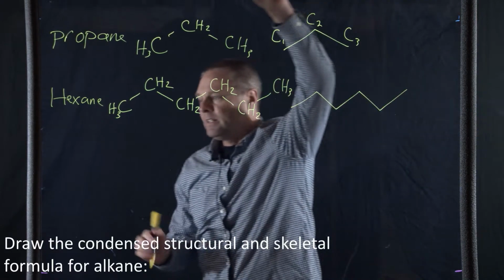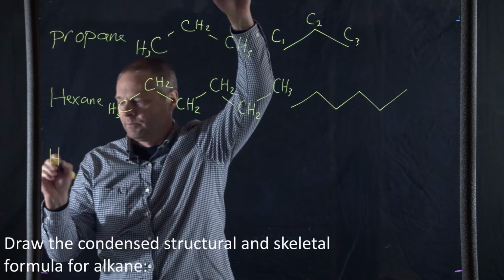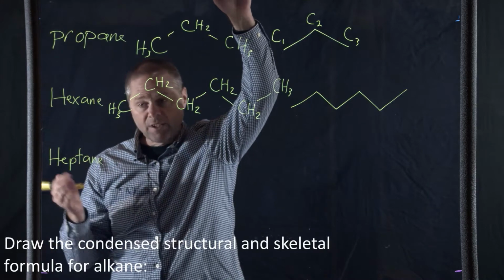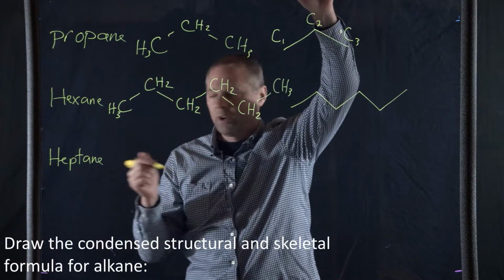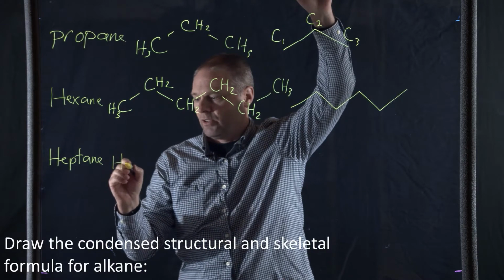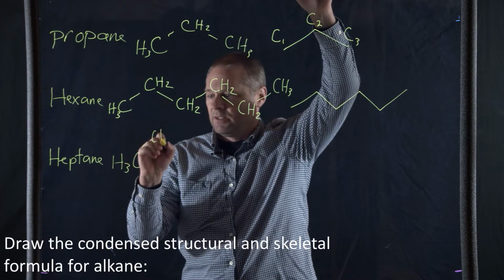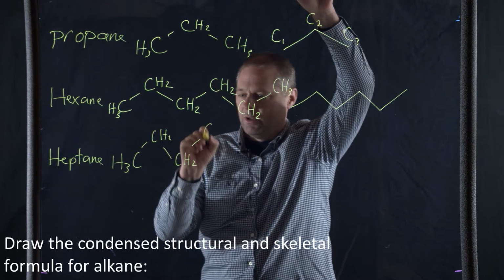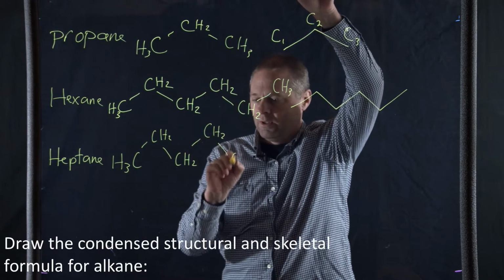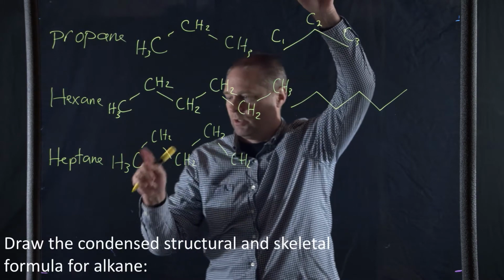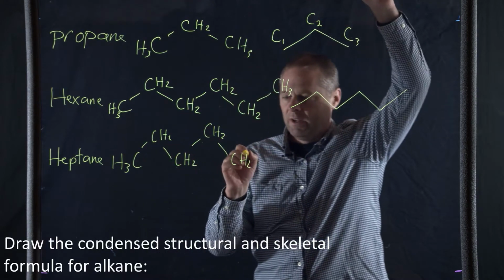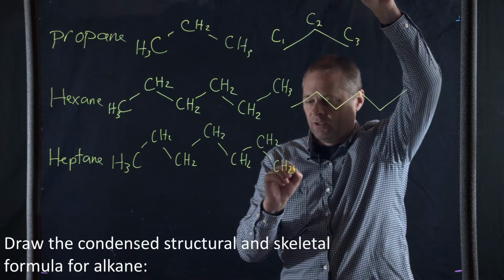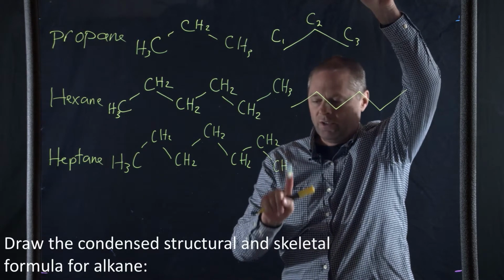All right. The next one is heptane. That's 7 carbons. So we're just going to add 1 more carbon to this. So that's H3C, CH2, CH2, CH2, CH2, 1, 2, 3, 4, 5, CH2, CH3, sorry, CH3.